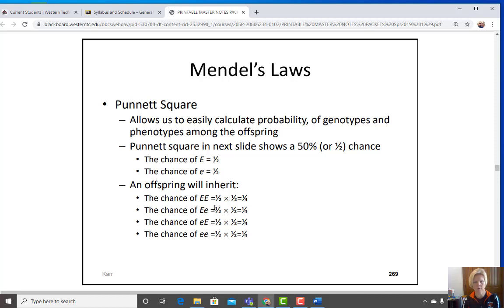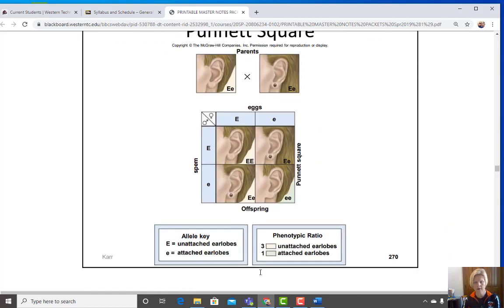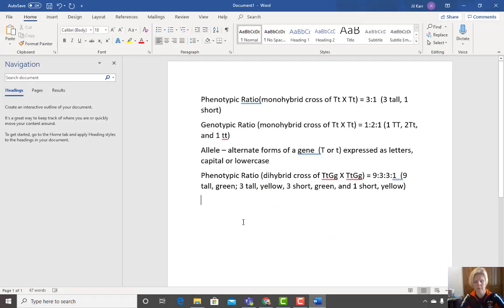So let's say I had a different number. In this case we're looking at attached and unattached earlobes. But let's say I had a probability of event A is 1/4, and event B is, let's say, 1/6.